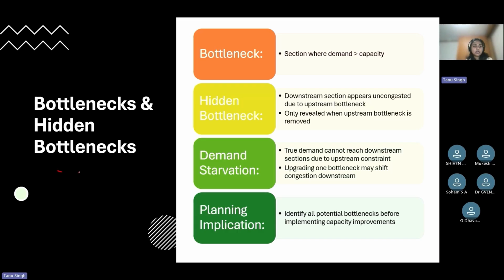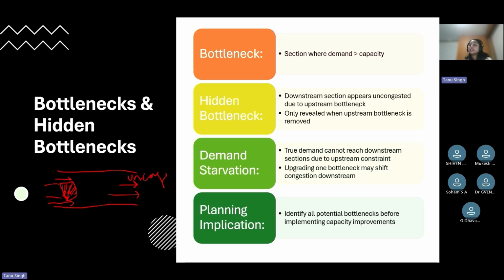So for example, here is the condition where the downstream section, because of some phenomenon here, appears uncongested. Here the vehicles are moving clearly, but think that something has happened here and the road is closed, so it has reduced from 3 lanes to 2 lanes. So the downstream section appears uncongested due to the upstream bottleneck.